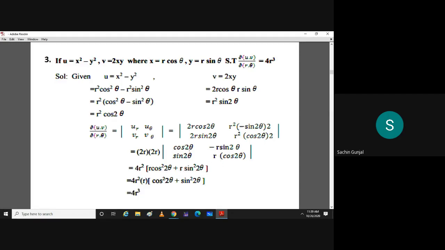If you take the determinant of this 2 by 2 matrix, then you can take this r out. So 4r square into r cos square 2 theta plus sin square 2 theta, which is 1. Therefore 4r cube is the final answer.